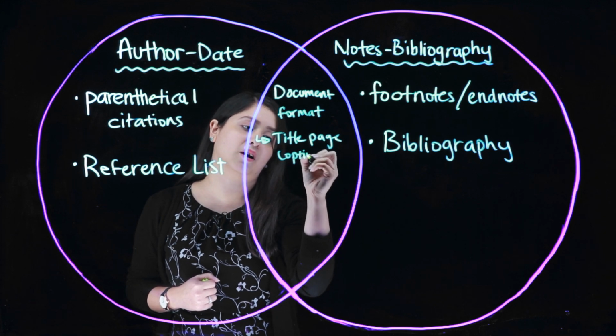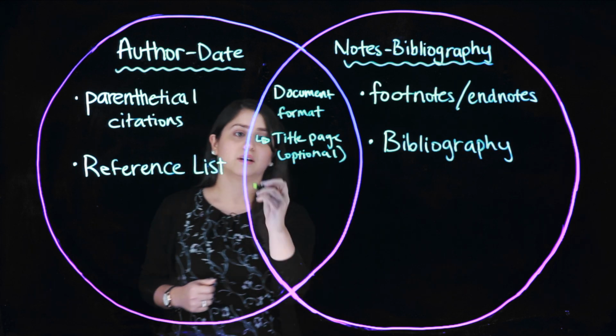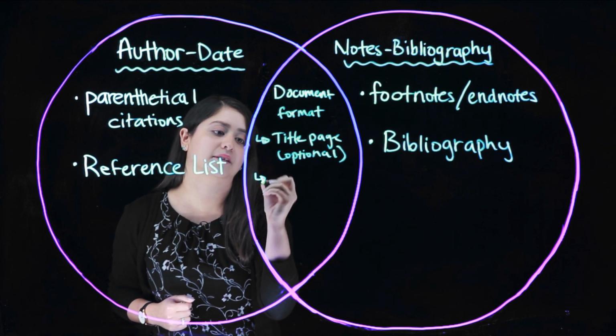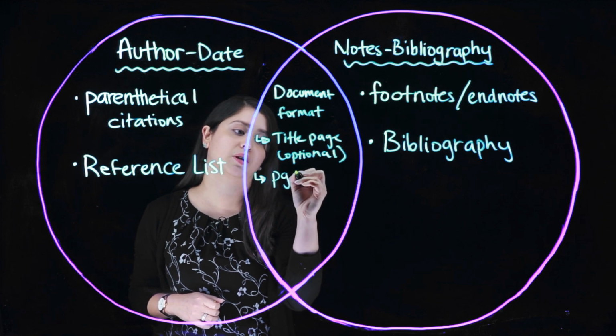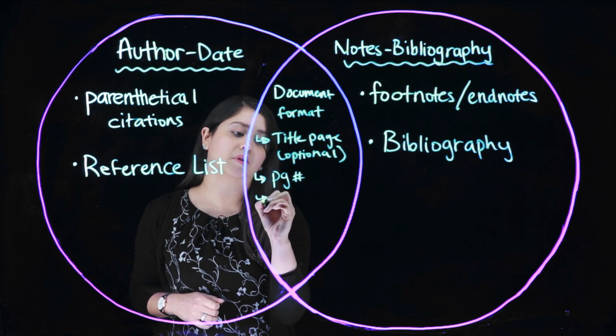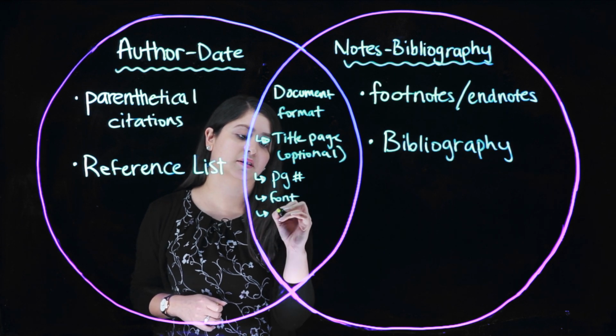So depending on whether your professor wants you to do it or not, you would include one. And secondly, the way you incorporate your page number, your font, and your margins.